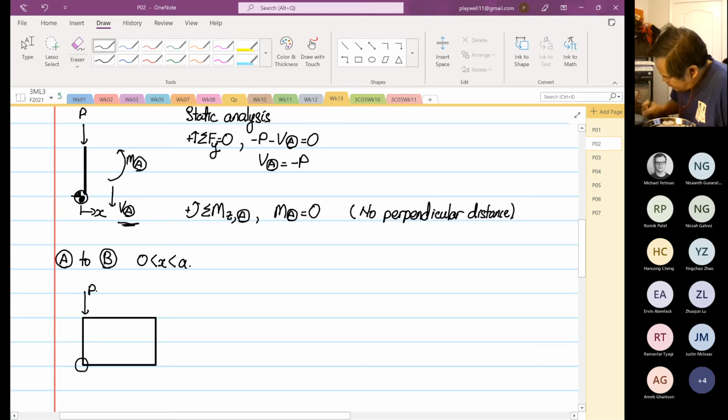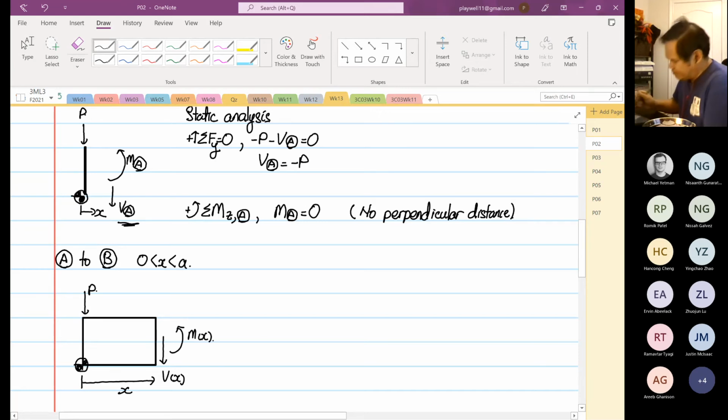The geometric datum is still over here, it did not move. Now we have a certain distance x. Because x ranges from 0 to a, our shear force is V as a function of x and moment is M as a function of x.